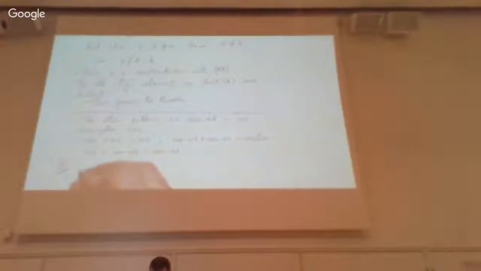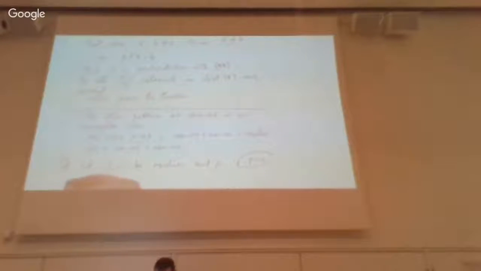So firstly, we'll let u and v be residues modulo p. So p is an odd prime, p strictly greater than 2. Now what does being a residue mean? Being a residue means that there exist two other things such that u is the square of alpha and v is the square of beta.